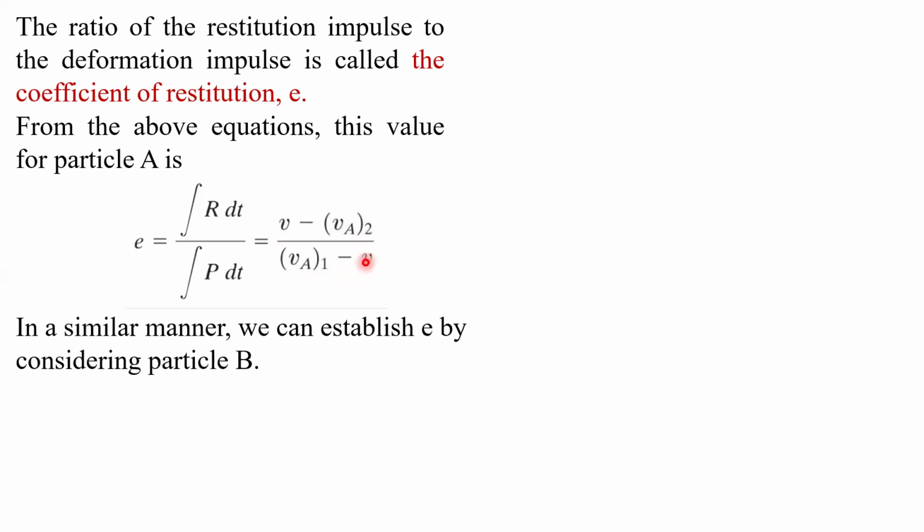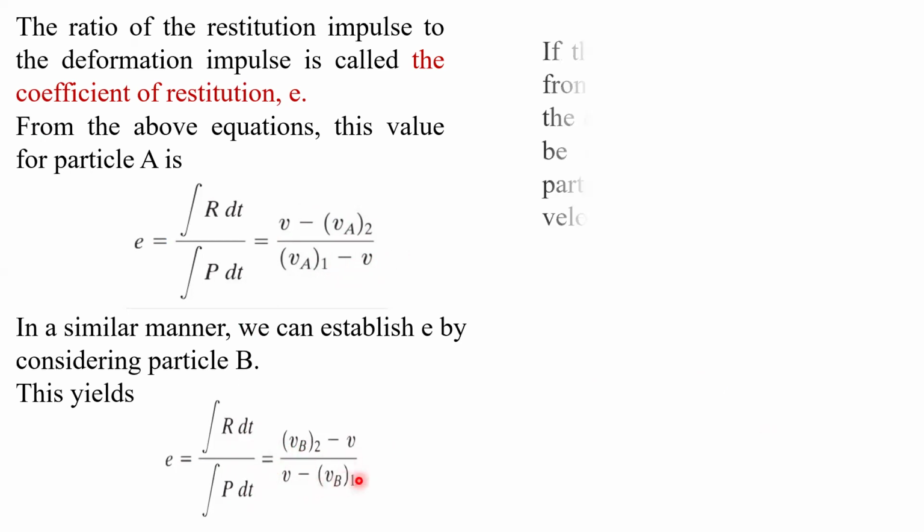In a similar manner, we can establish E by considering particle B. This yields E is equal to integral R dt over integral P dt, which is equal to VB2 minus V over V minus VB1.